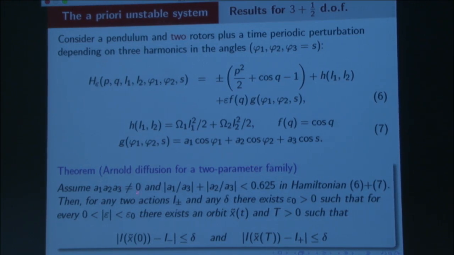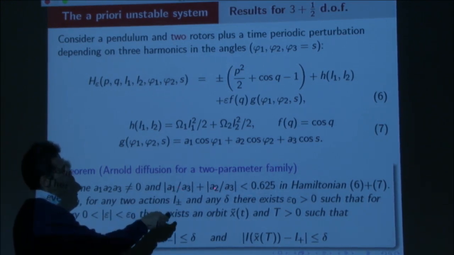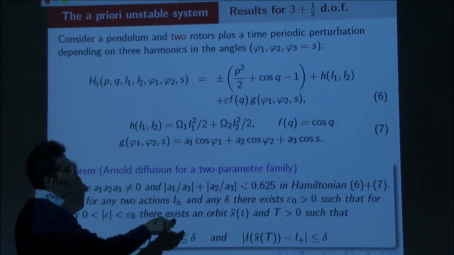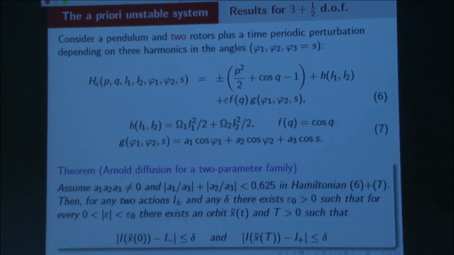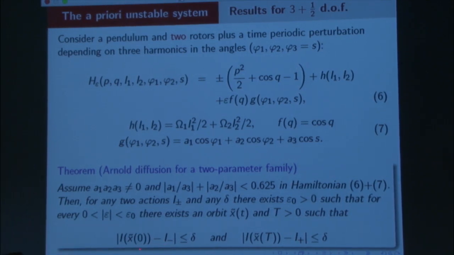So the kind of result that we can have in the easiest case is that when A1 and A2 over A3 is small, we are almost in a similar case to the first one, and one can prove results like these ones, that for any I minus and any I plus and any delta, you can be close to this I minus and later on to this I plus, and that's all.